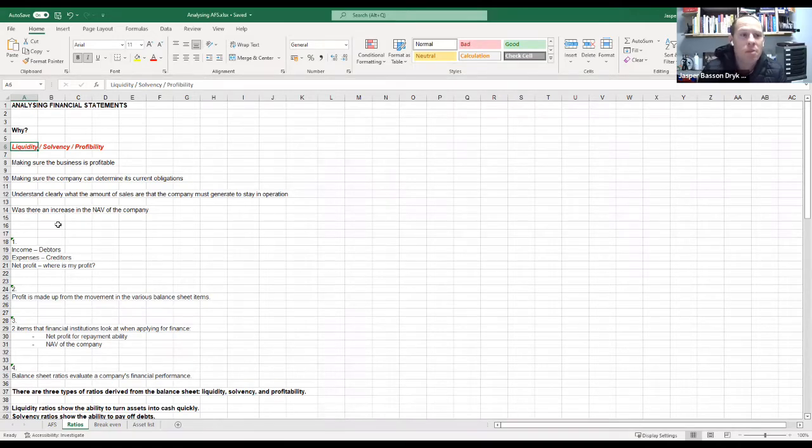It's very important for yourself to understand what is the liquidity, what is the solvency, and what's the profitability of my business. The financial statements, the income statement and especially the balance sheet, clearly tell you exactly the story of the financial stance of your business.